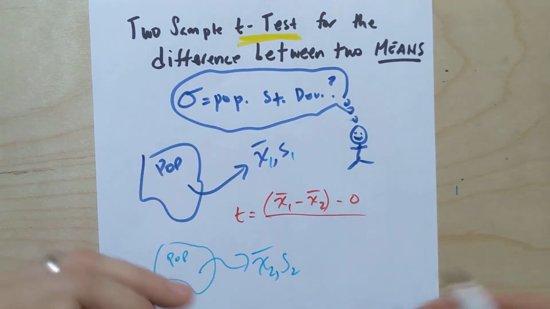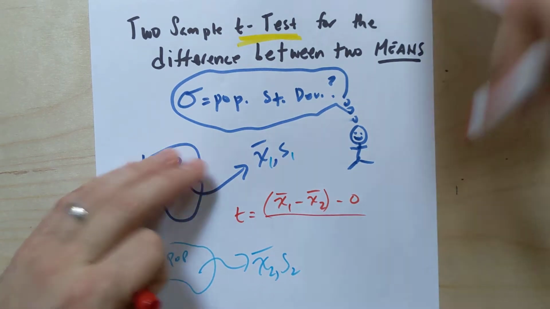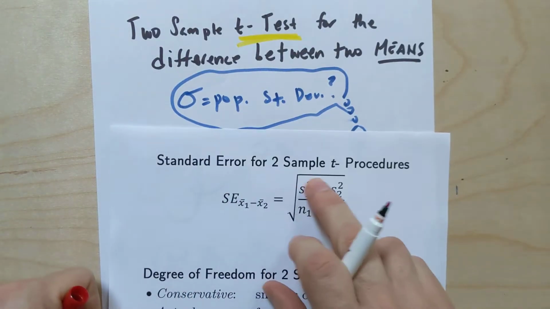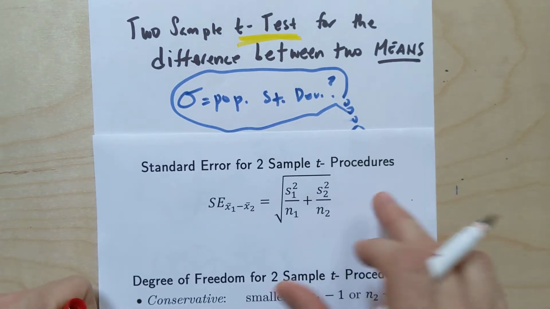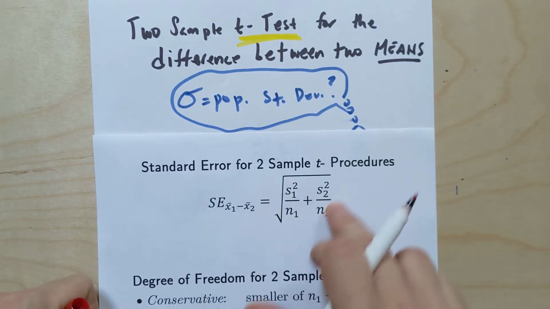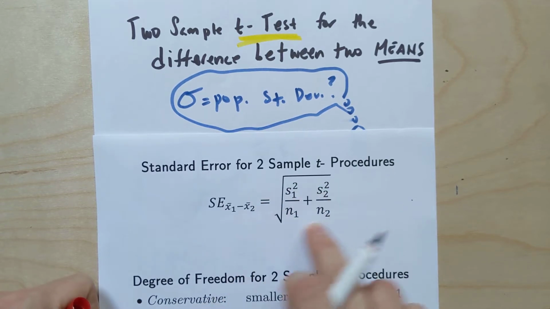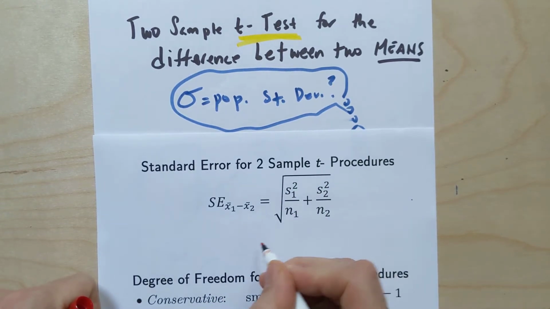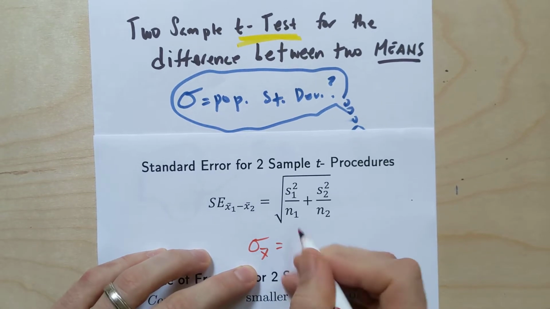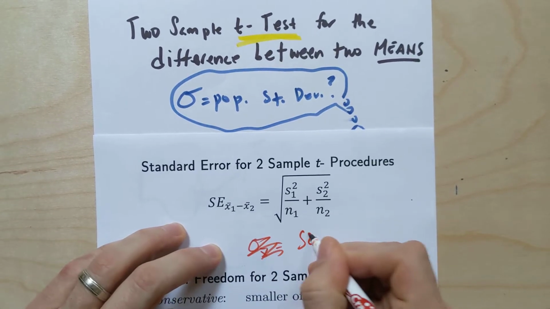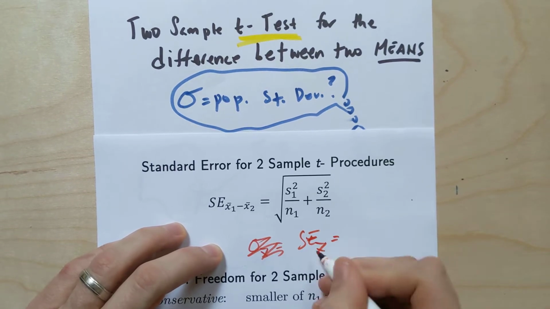And we'll see that the standard error formula will be something very standard. In this case, for a two-sample t procedure, whether it actually ends up being a t-test or a t-interval, and we'll do a t-interval in another video, we have this formula right here, which again is just like the sampling distribution standard deviation formula. But of course, this is standard error, so let me use the correct notation. We have the standard error of the sample mean.